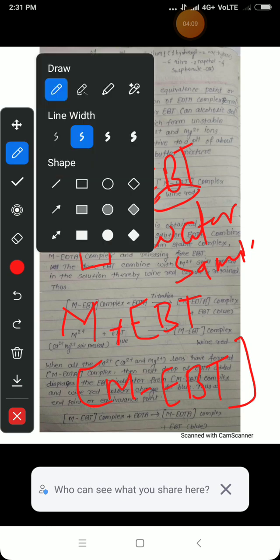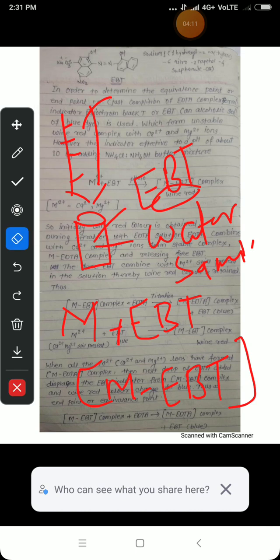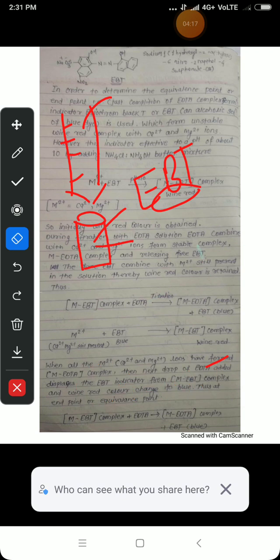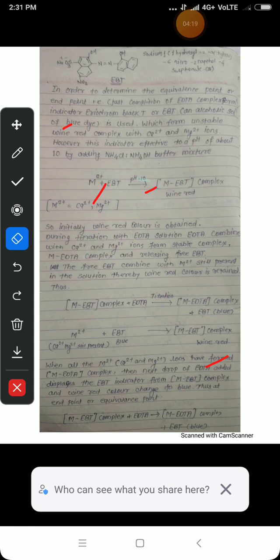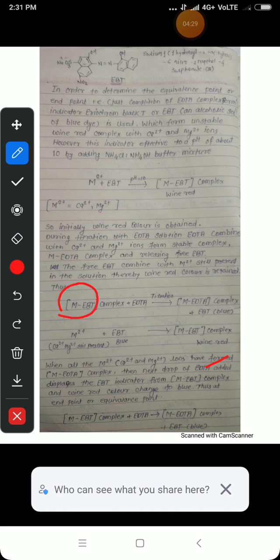Once we add the EBT, we have to titrate it against the EDTA solution, right? So we add EDTA from a burette. Here is the reaction. Initially the metal EBT complex is formed. Its color is wine red.